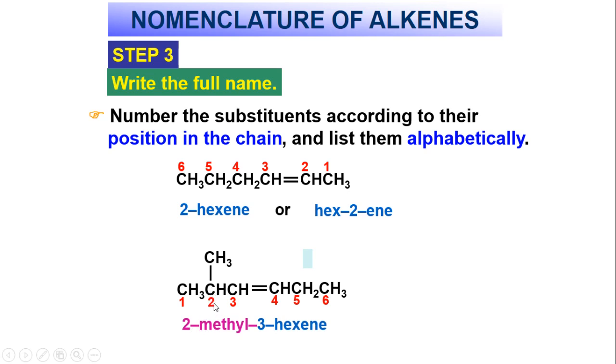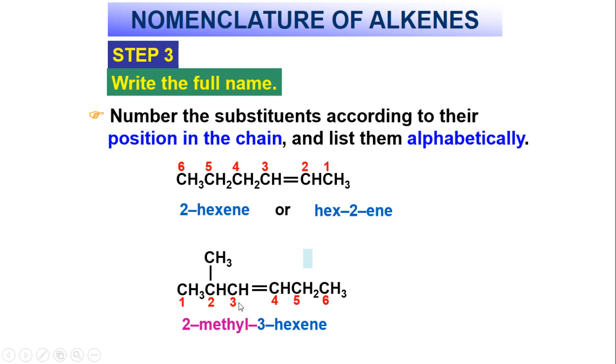Okay, so the first thing you're going to do is identify the parent chain. So the parent chain was hexene. With hexene as the parent chain, you now need to identify the position where the first branch is. So the branch is on position number 2. So you're going to say 2-methyl, because this is a methyl group, and then you attach the name.